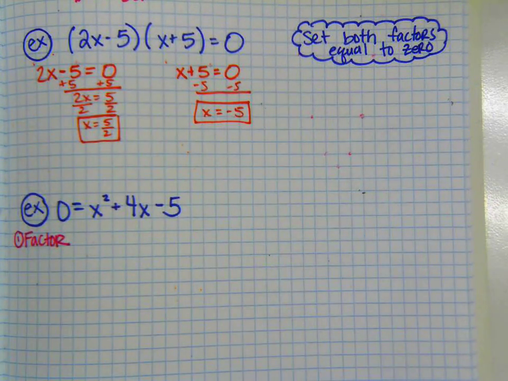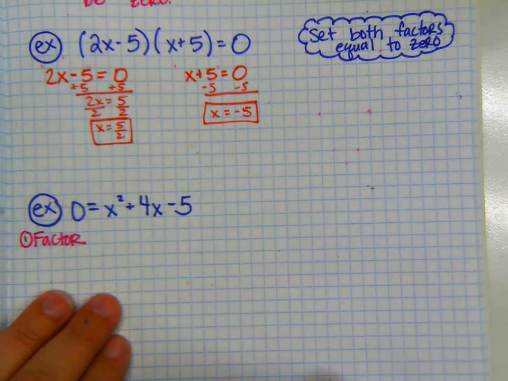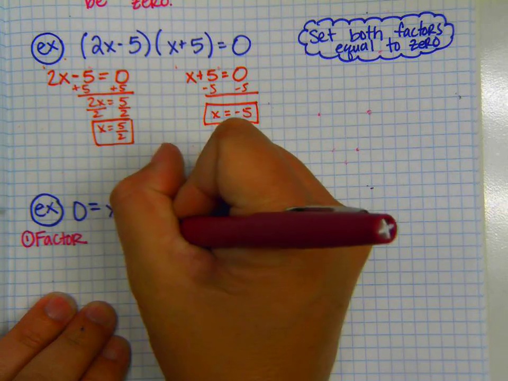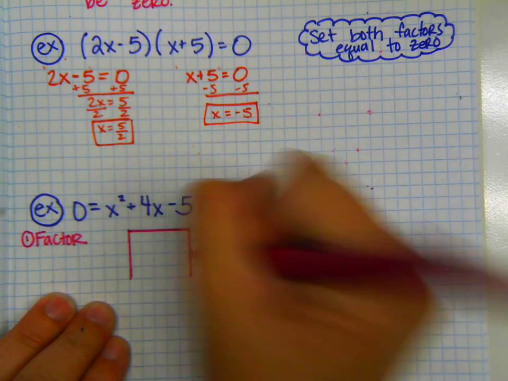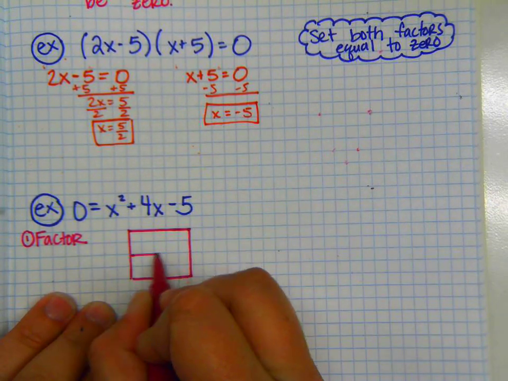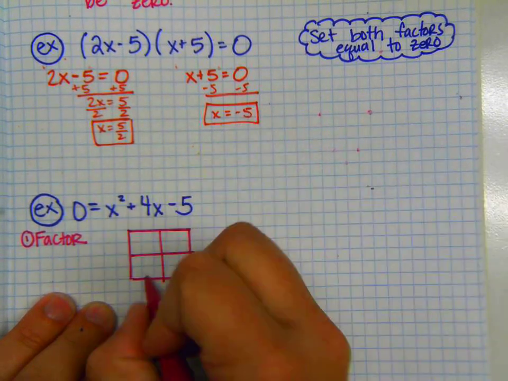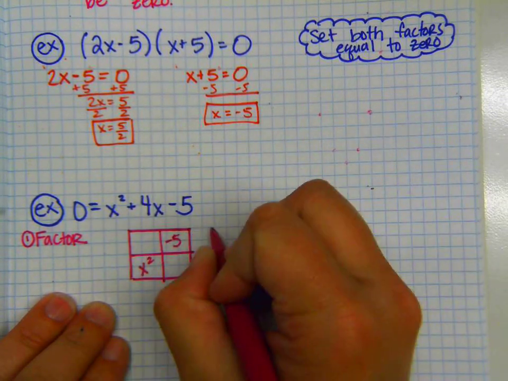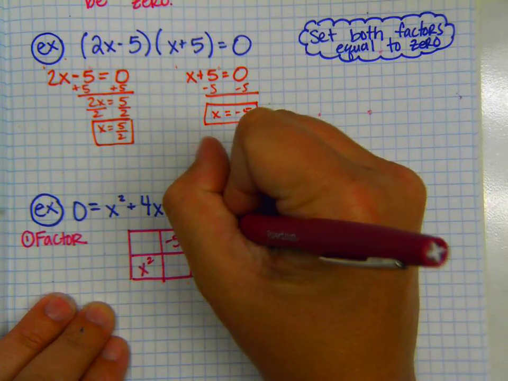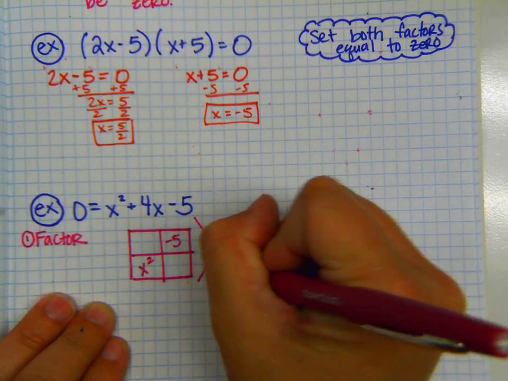Okay, so we're going to factor that the exact same way as we've always factored. I make my box. And we factor x squared plus 4x minus 5. That'll be negative 5x squared, adding to 4x.